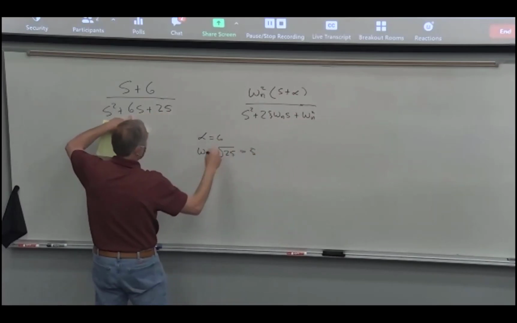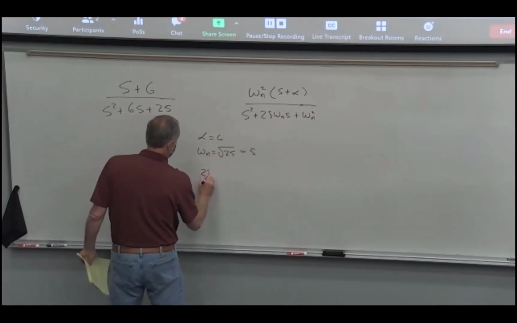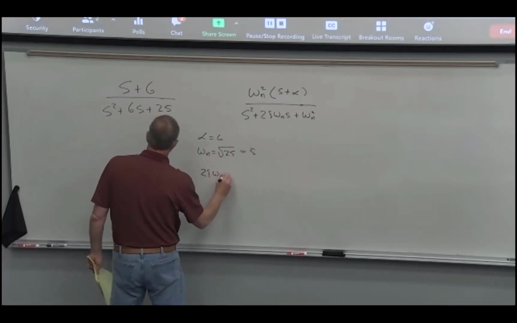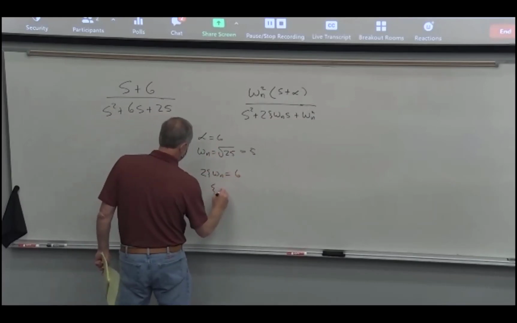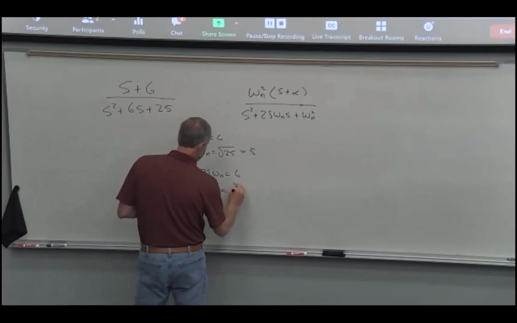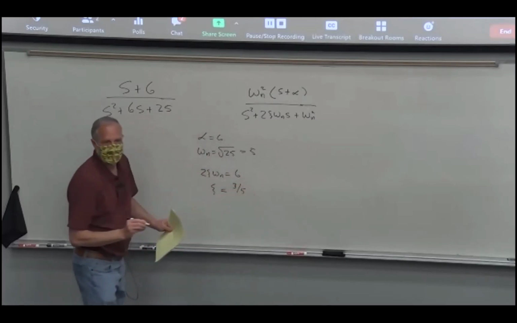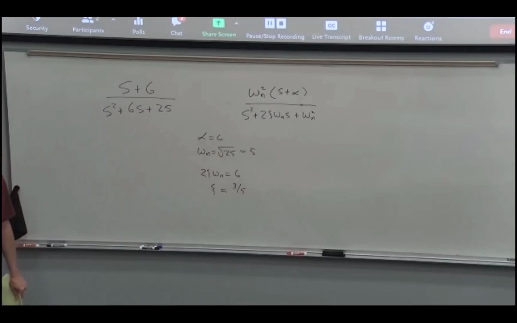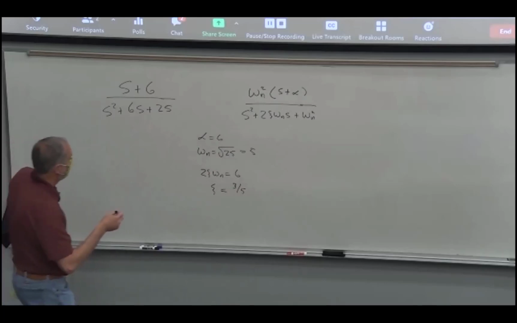And then we can look at twice zeta omega n is 6, and we found out that this was 3/5. Did we get that far last time? Did we get the damping ratio? I don't know. Well, we're doing it now.